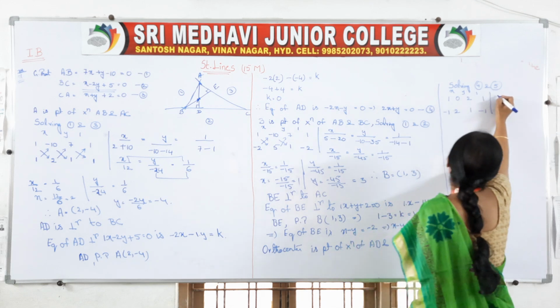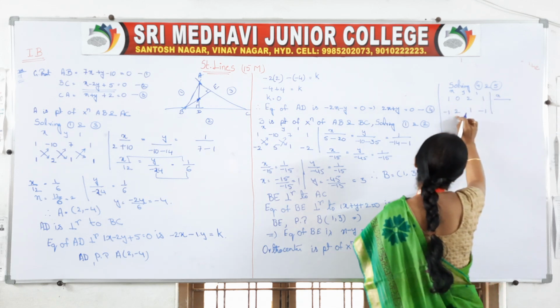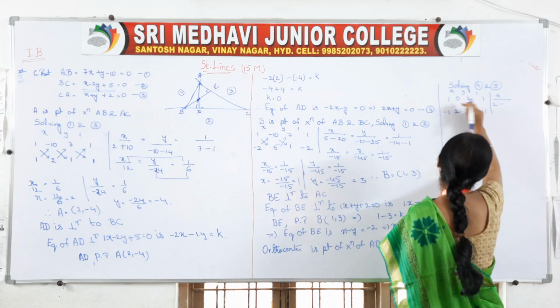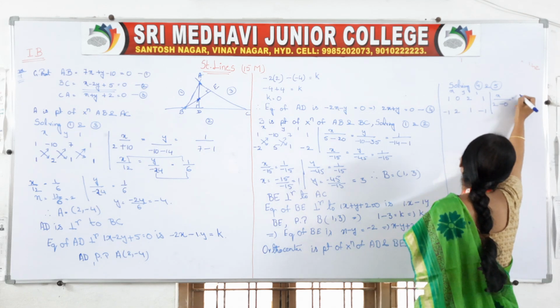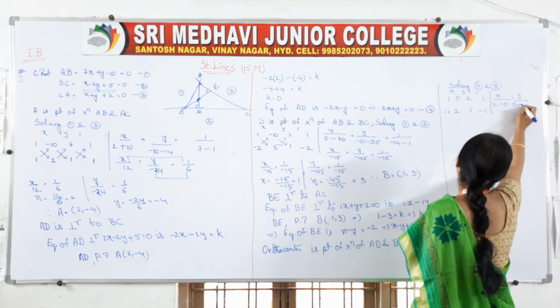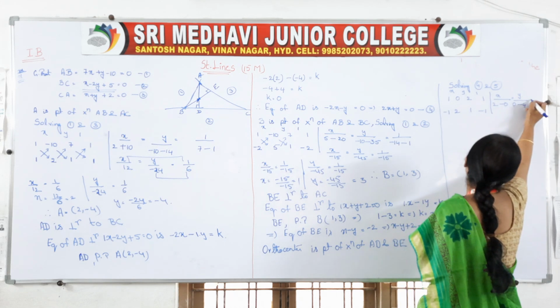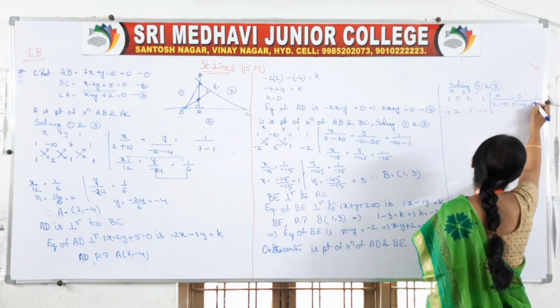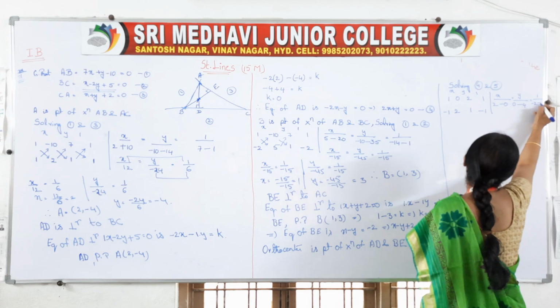So come on, x divided by this into this, 2, minus this is 0, is equal to y, this into this 0 into 1, 0, minus 2 into 2, is equal to 1 by, come on, 2 into minus 1, minus 2 minus 1.